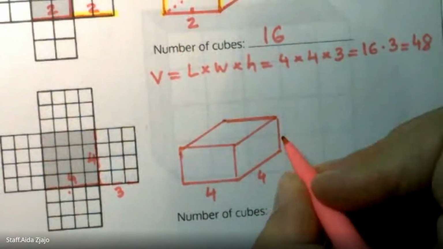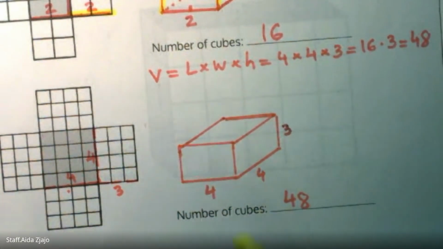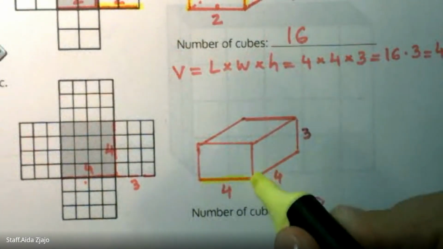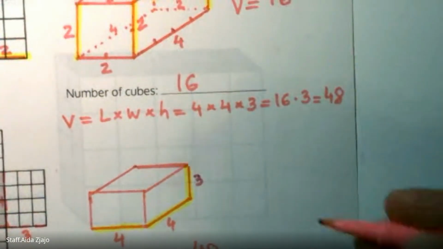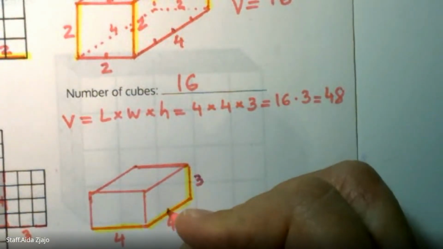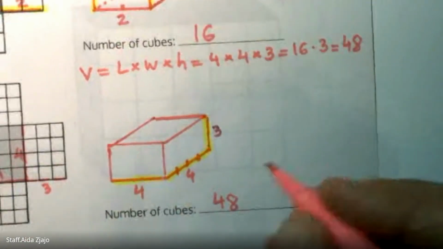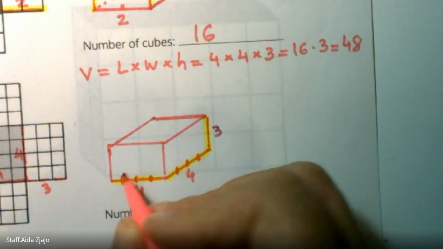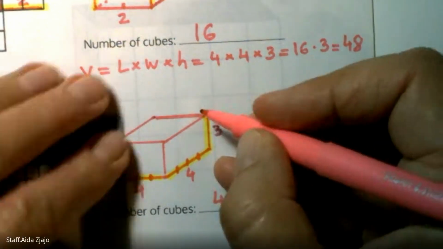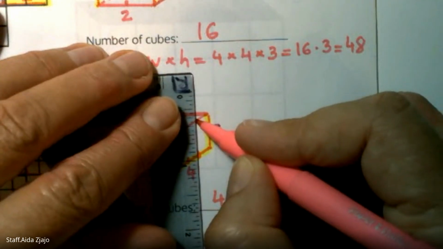So 4 times 4 times 3. If I want to really show you this, I can cut this one in 4 pieces and this one in 4 pieces, and then I can draw lines.